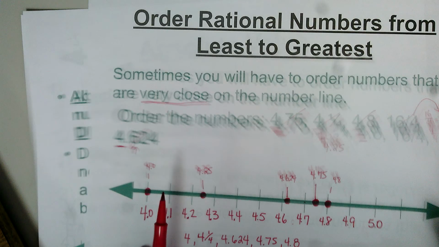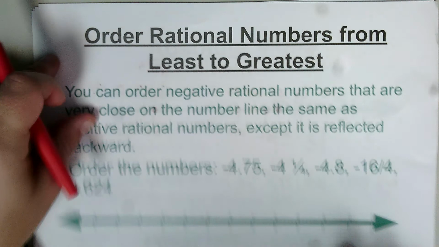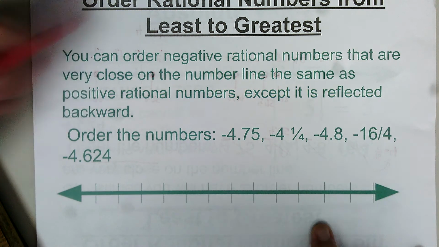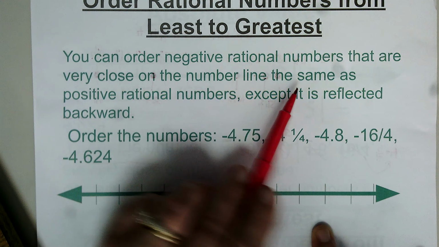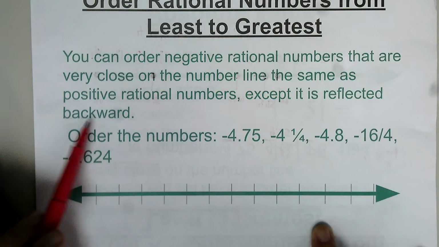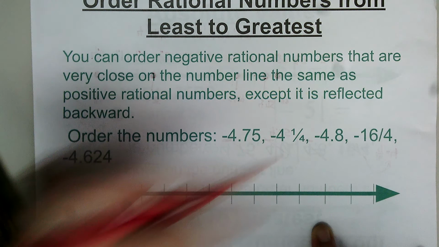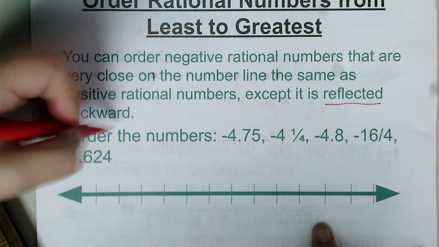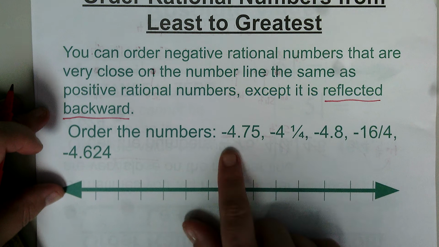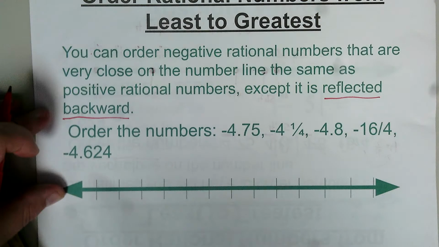Well, we know from looking at the bigger number line that if we are going to use a negative number line, the numbers are reflected backwards. It says you can order negative rational numbers that are very close on a number line the same as positive rational numbers, except it is reflected backward. Okay, so that means, and like I said, these are the same numbers, except they're all negatives.